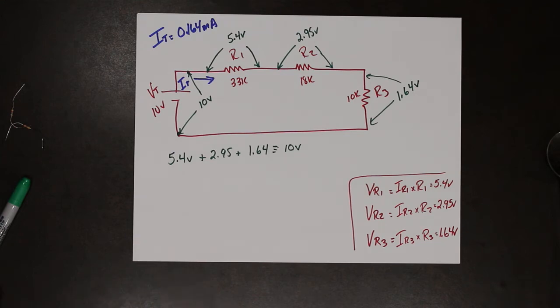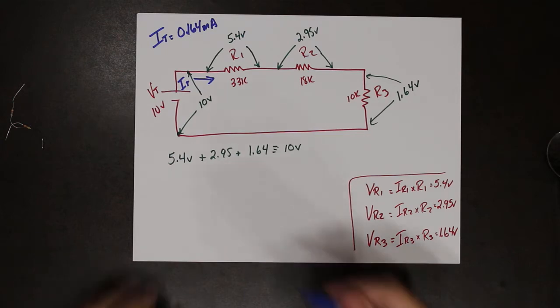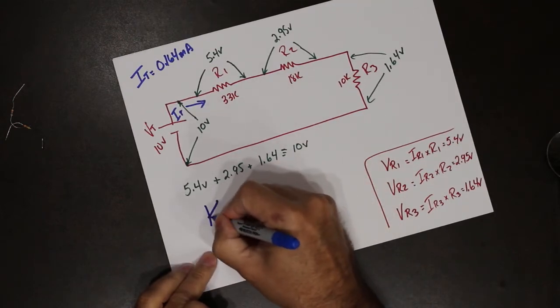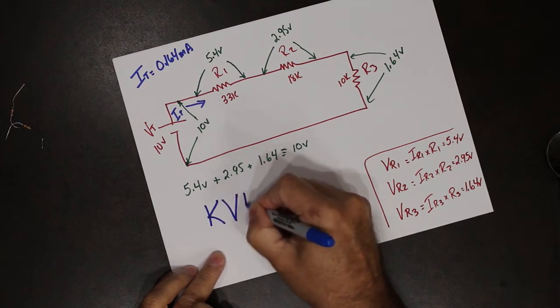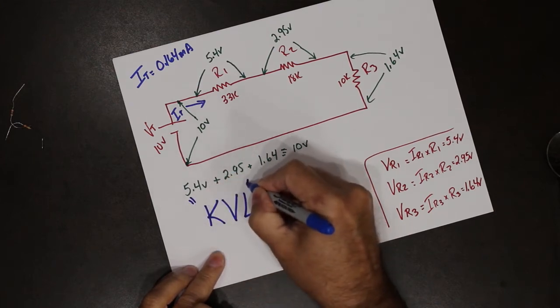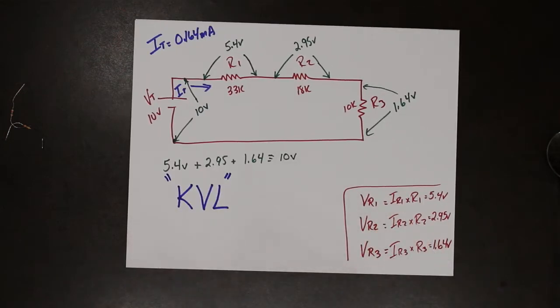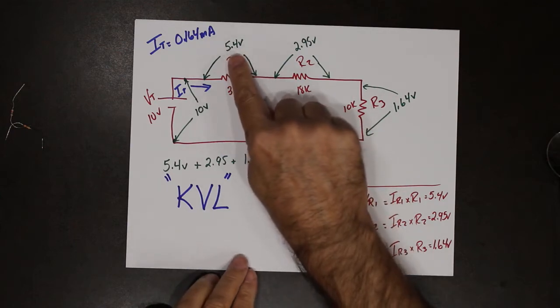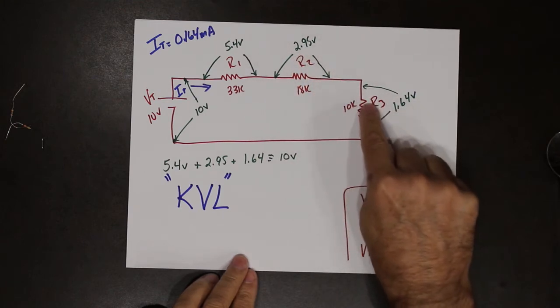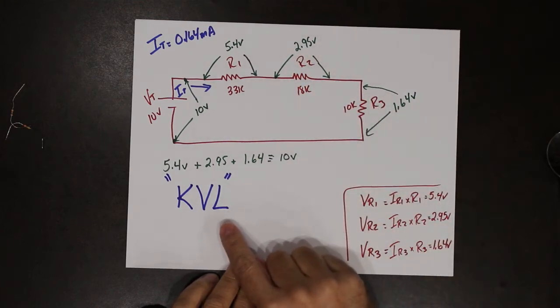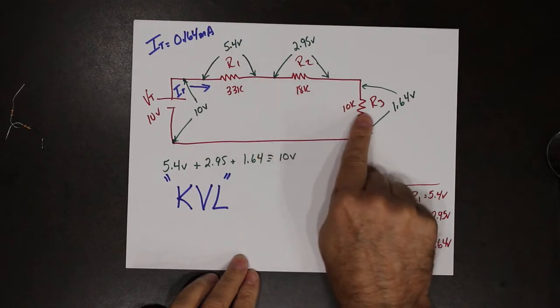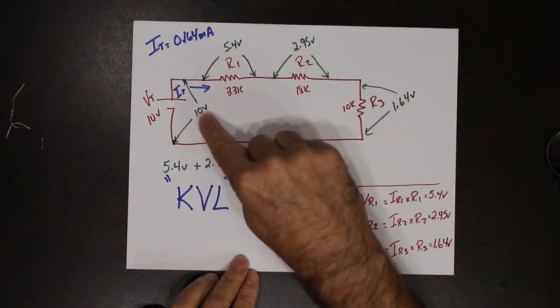This is what's known as Kirchhoff's voltage law for a series circuit. So Kirchhoff's voltage law states that all individual voltage drops in a series circuit must add up to the voltage applied.